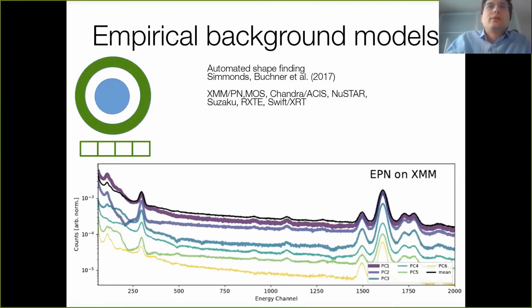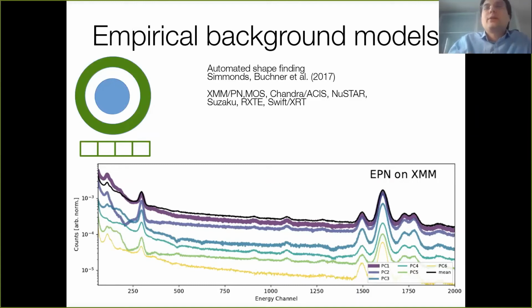Yes, so here is another way of doing background models in detector channel space. Here I did a PCA, principal component analysis, which you'll hear about on Monday, how that works. Basically looking at a large number of data sets here from XMM and characterizing how these backgrounds change, or what the most important shapes of these backgrounds are.